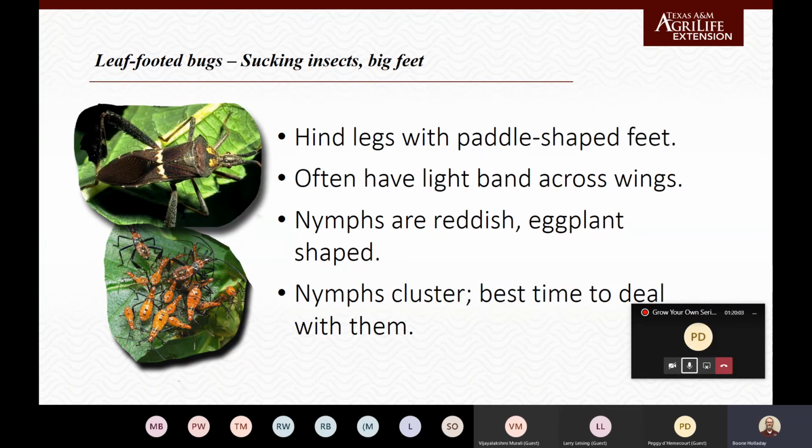And so with these, when they're nymphs, they're easy to control with soft products. As they become adults, even chemical options are limited because of their waxy cuticle. They tend to just shed off pesticides without impacting them. So we would recommend scouting for these. If you see them, try to grab them and squish them.